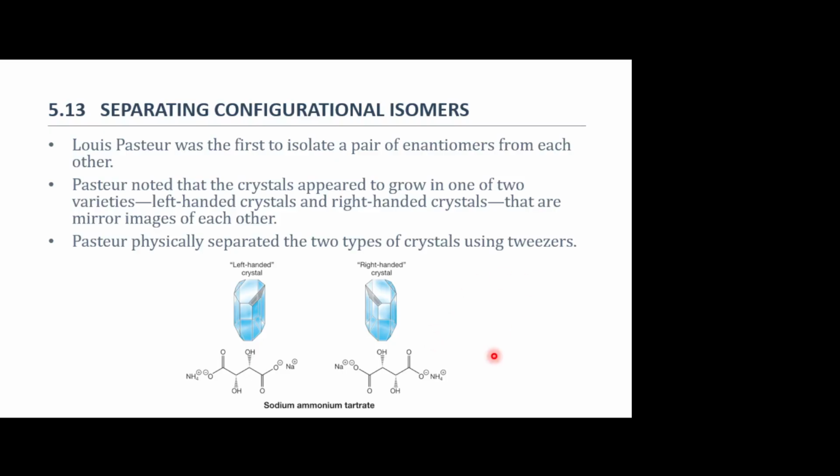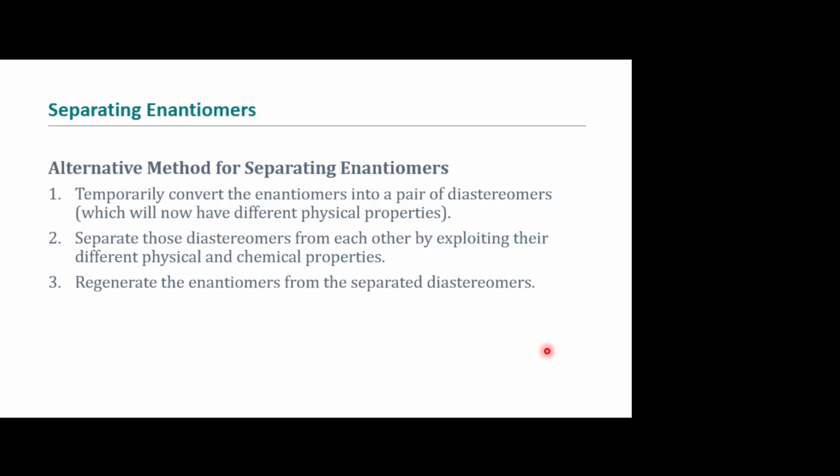And that was actually the first ever recorded separation of enantiomers. Their physical properties, again, are just different enough that when they crystallize, they're going to crystallize into two separate samples.